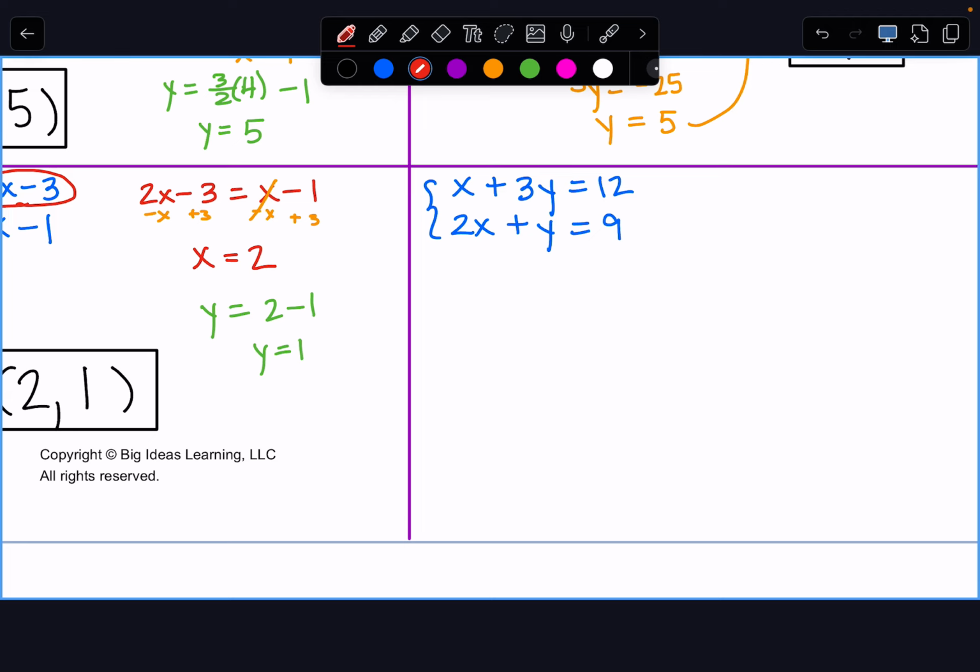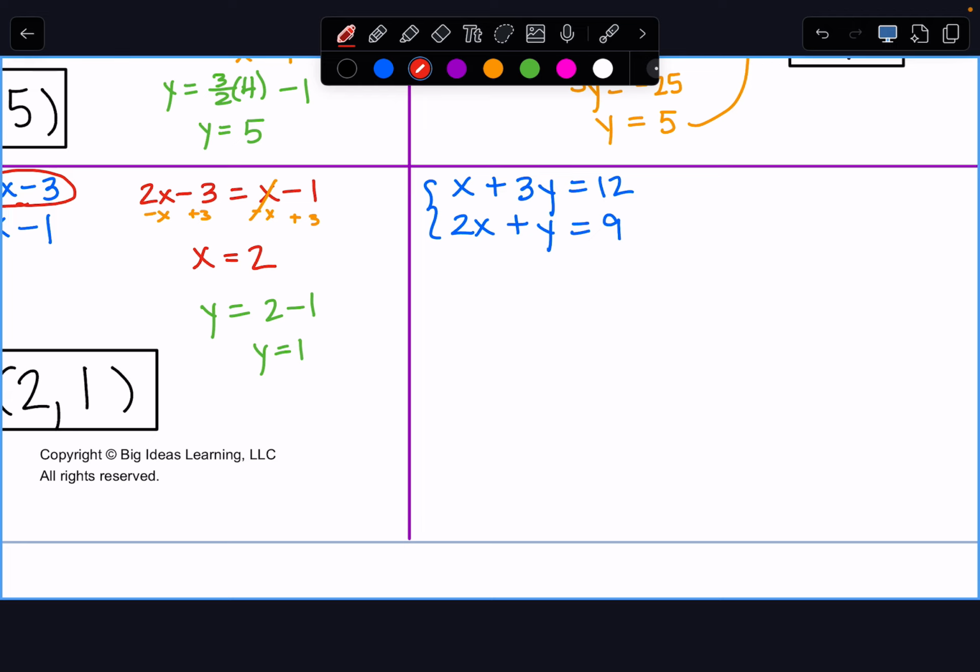So who has an idea of what we could solve for in one of those equations to make our life smooth? M, what do you think? y in the second equation? Okay, could we easily solve for y in the second equation? Yeah, we could.